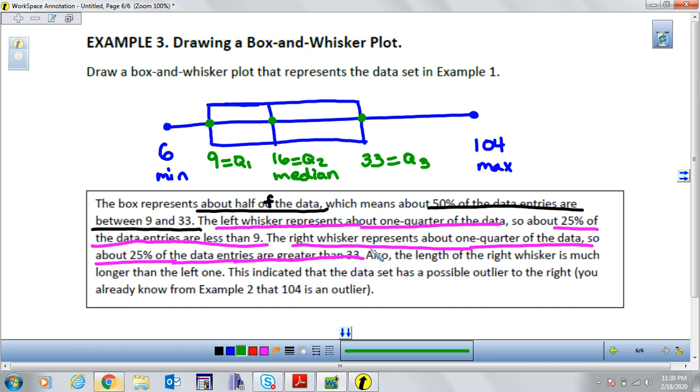So the side where the whisker, left or right, is the longest is possibly the side where you're going to find an outlier. And yes, it's true, because our outlier was the number 104. We already knew that from before, and it's on the side where the longest whisker is, to the right hand side.